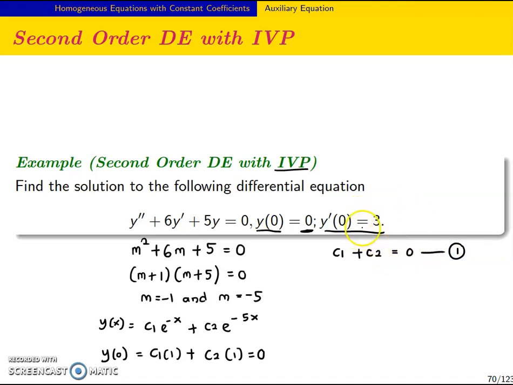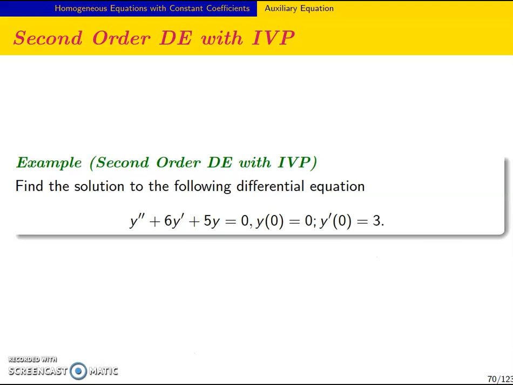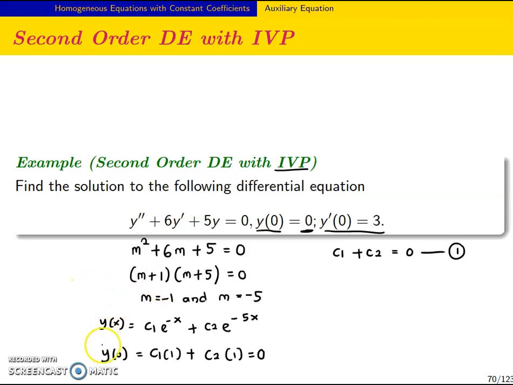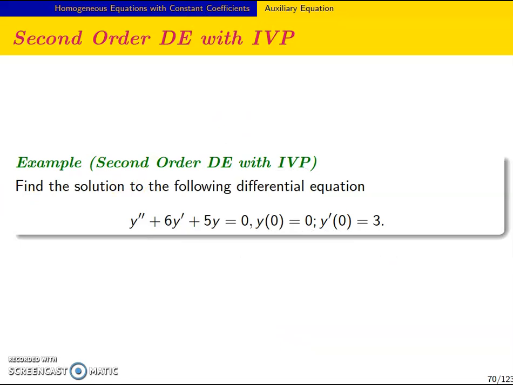Now we need to find the second condition. Let's write the general solution first: y(x) equals c1 e to the power negative x plus c2 e to the power negative 5x. Now differentiate this.